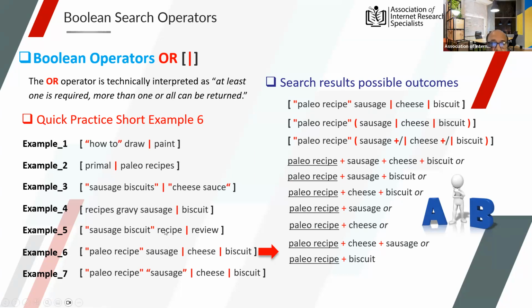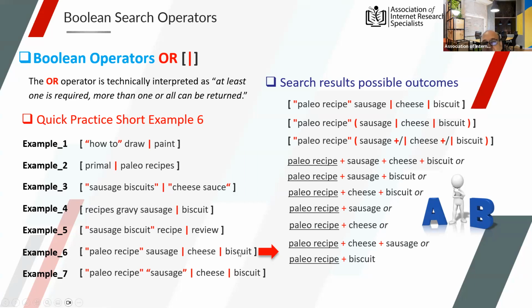So it is kind of an erratic behavior of finding whatever is more popular as two terms or two keywords together, or those that are more prevalent as single keywords, and where the word cheese and biscuit is not as popular.